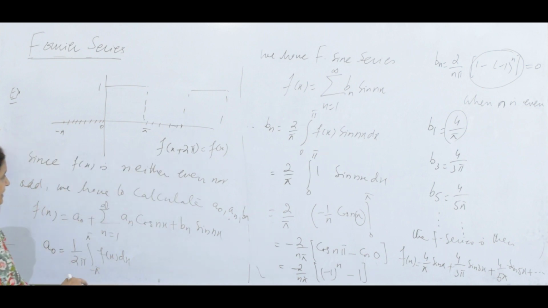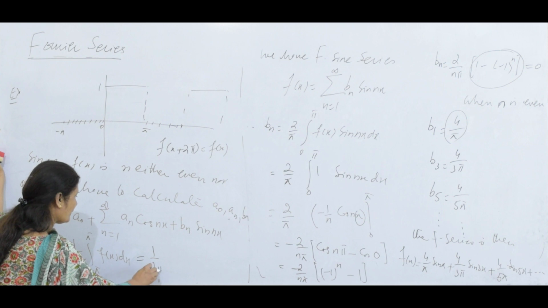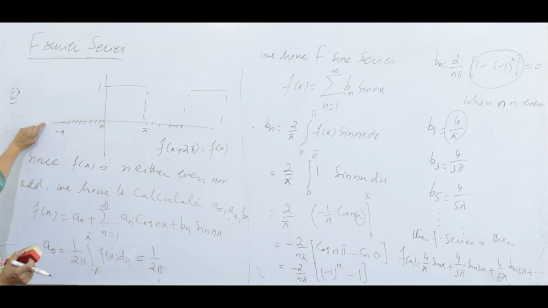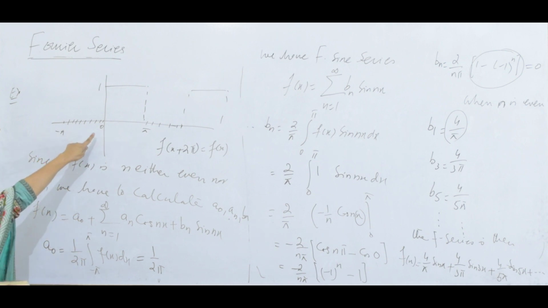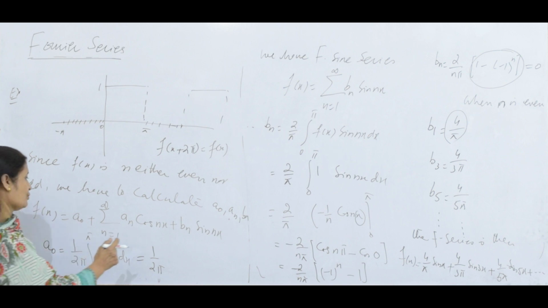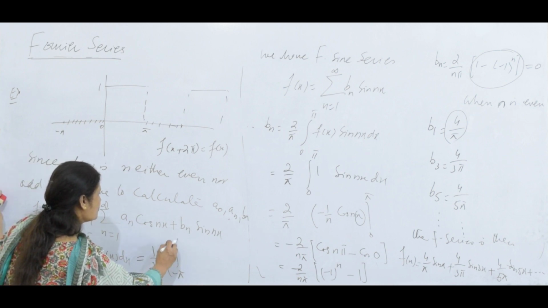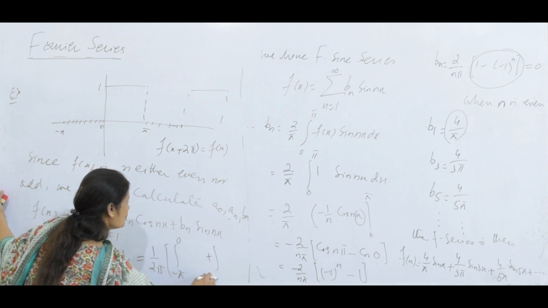Now let me look at the graph. Since this is a definite integral from minus pi to pi, looking at the graph, you can split the limit according to the graph: minus pi to 0 plus 0 to pi.